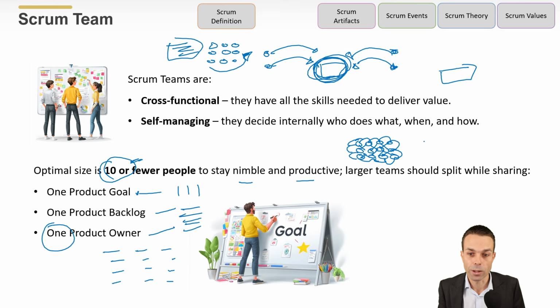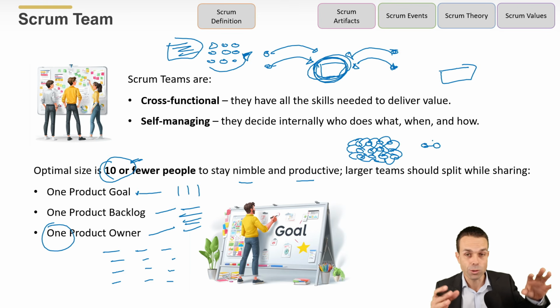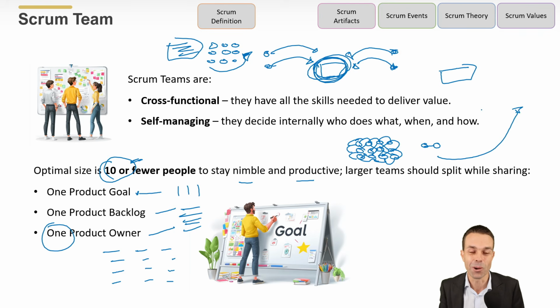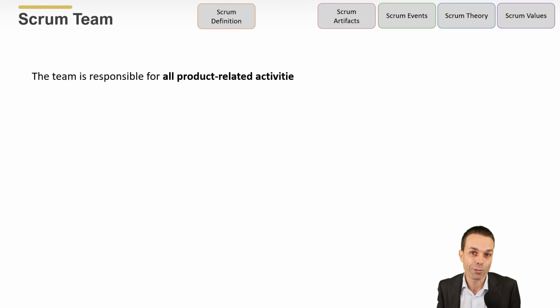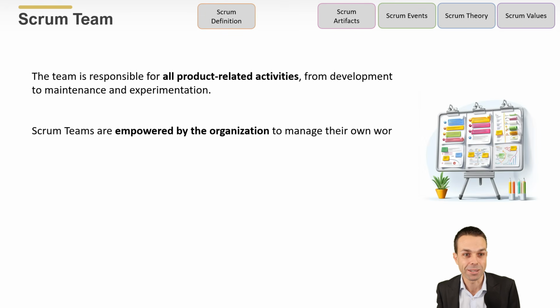Now, instead of just talking one-to-one, now we're talking 1 to 20, and all of those 20 people can talk to all of those other 20 people. Trust me, it just becomes very complex. There's actually a formula for it. I won't go into that here, but it increases exponentially. So keep the team size small if you can, and 10 or fewer is recommended in Scrum itself.